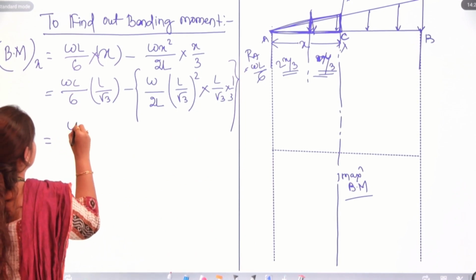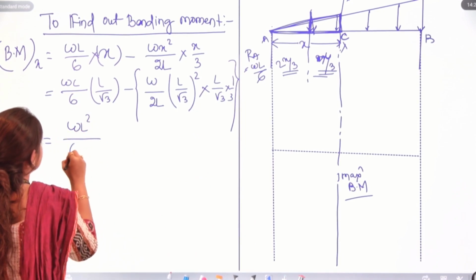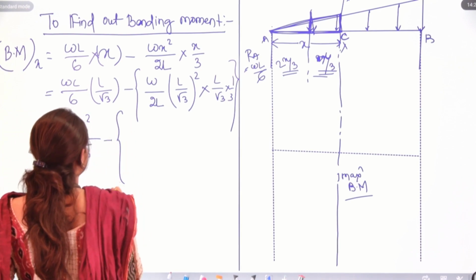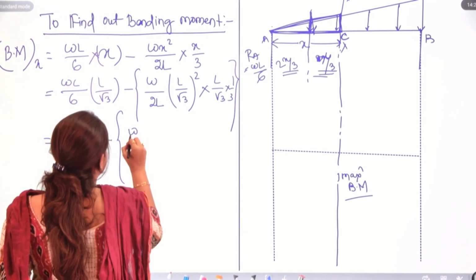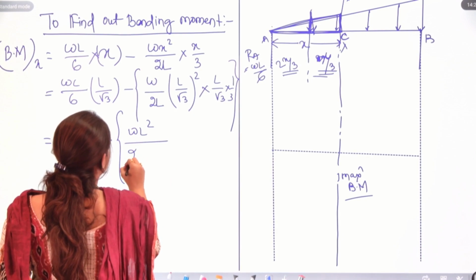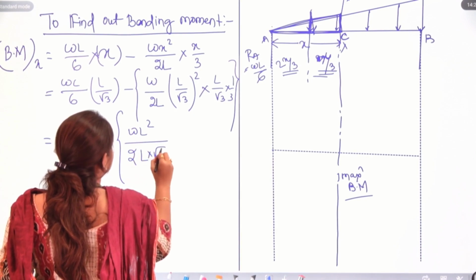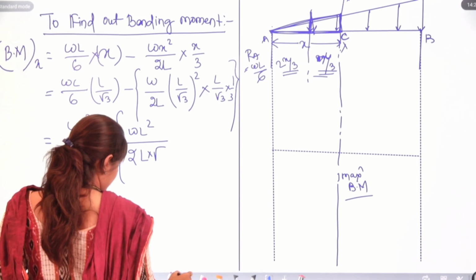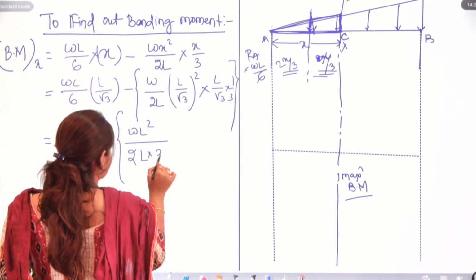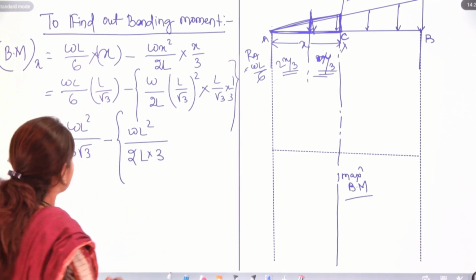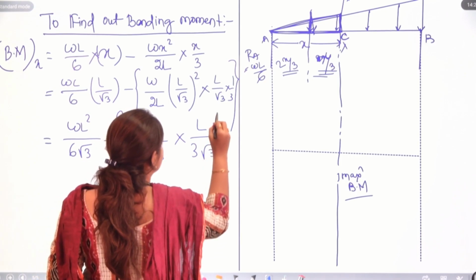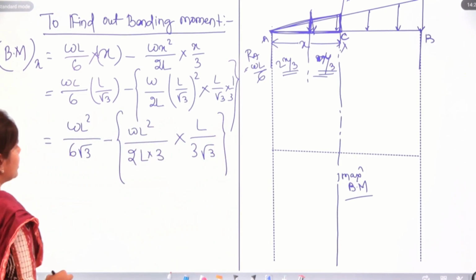Now, WL square by 6 root 3 minus WL square by 2L into root 3, multiplied with L by 3 root 3, right?